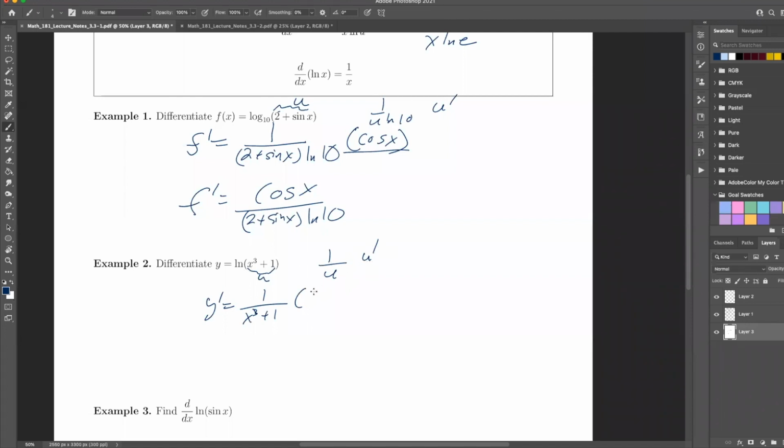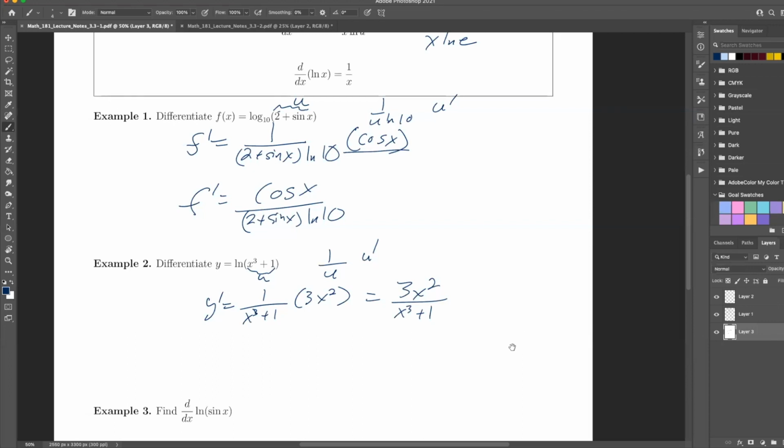This derivative here would be 3x squared plus 0. If I simplify that out, I get 3x squared over x cubed plus 1. And that's it.